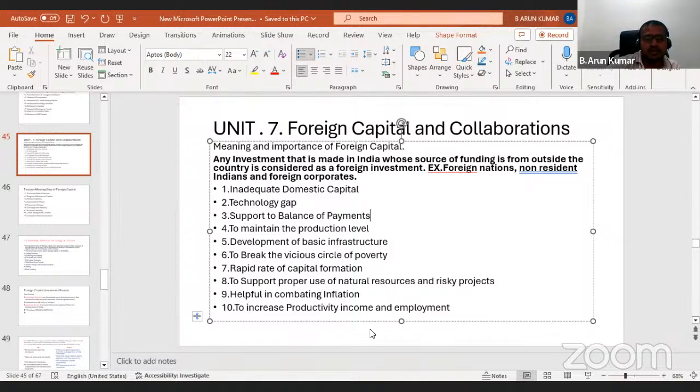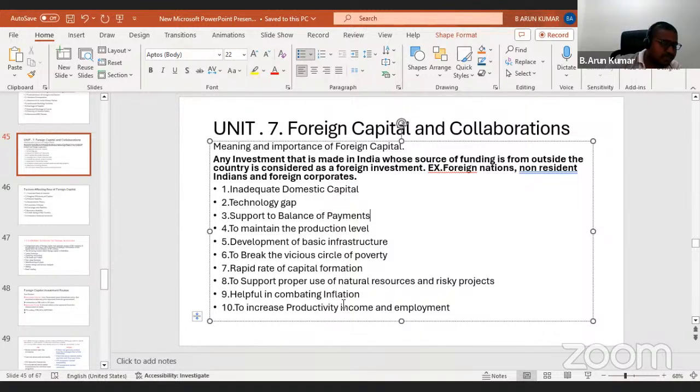We need transportation, electricity, water facilities, and so on. We need huge capital for all of this basic infrastructure. Because of less savings, we invest less. So that's the reason we need foreign capital.